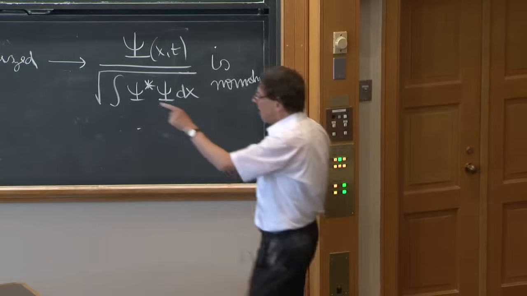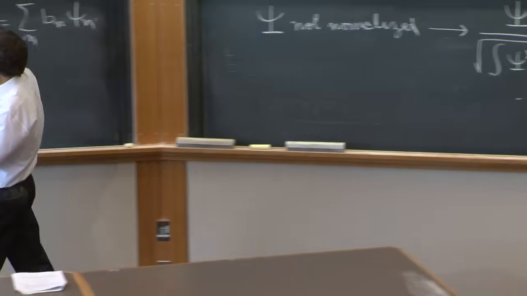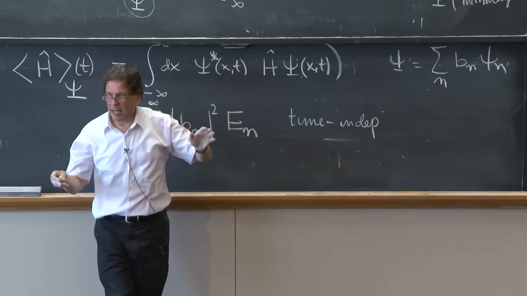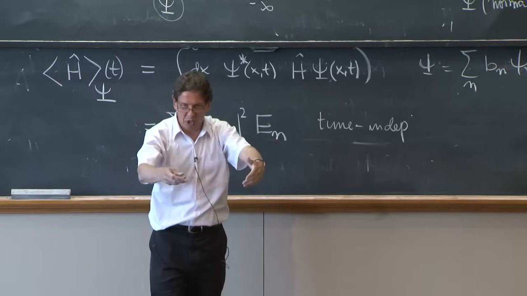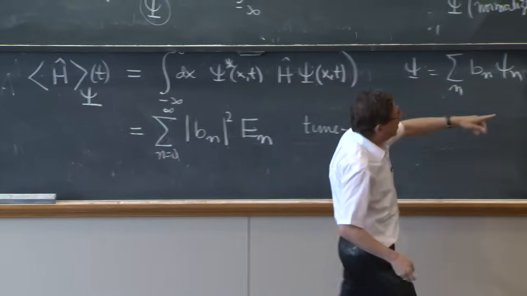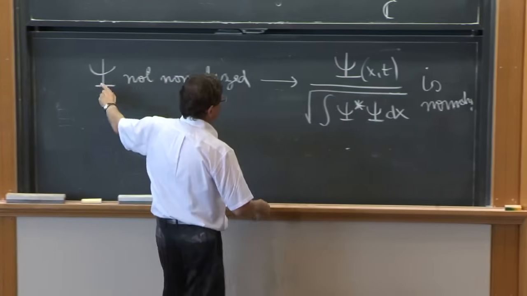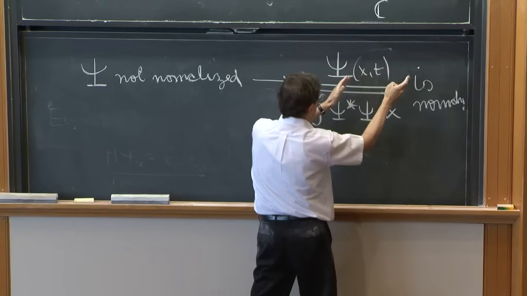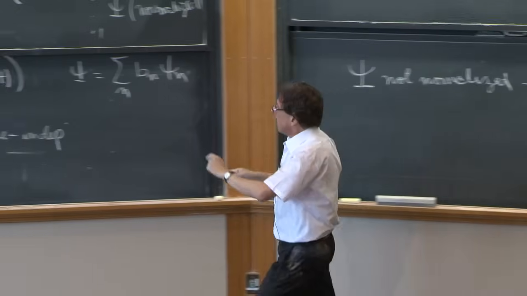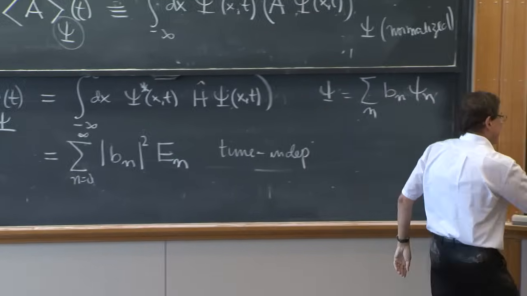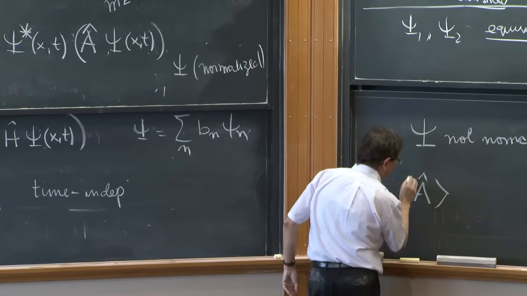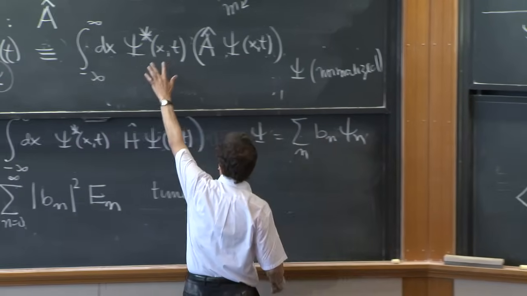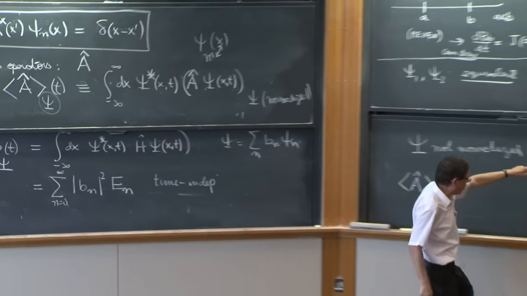So think of doing this here. Suppose you don't want to work too hard, and you don't want to normalize your wave function. So your psi is not normalized. Well, then this is definitely normalized. You should check that. Square it and integrate it, and you'll see you'll get 1. But then I can calculate the expectation value of A on that state, and wherever I see a psi that should be normalized, I put this whole thing.